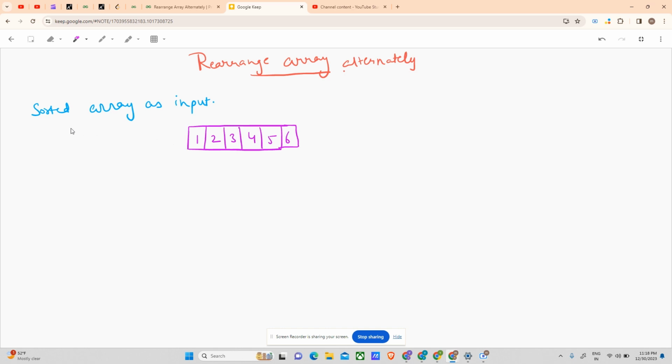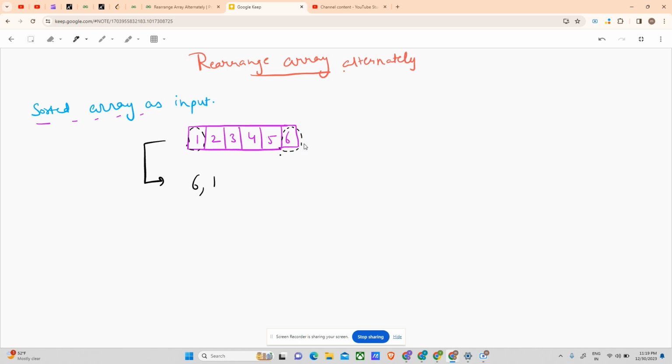The problem says you have been given a sorted array as input and you have to transform this array into something like this. The maximum element present in the sorted array is at the last index, so put 6 in the first position, then come to the first one, that is the minimum, and put 1 here. Then again go to the 6.